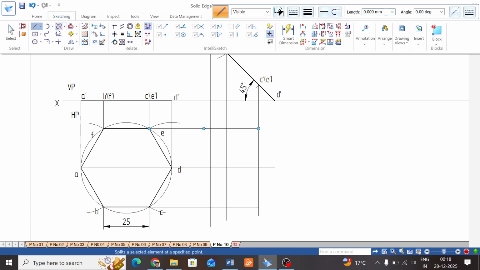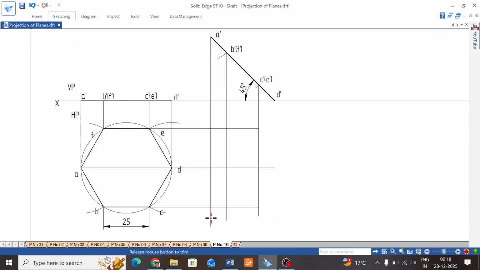Now using an eraser, a up to here, then b is here, then c is here, then d is here. Now name those points a, b, c, d, e in the top view. This point is a.